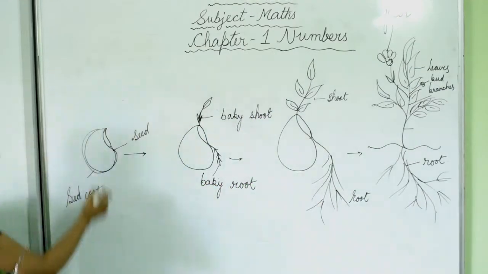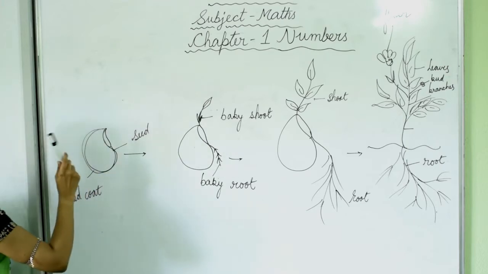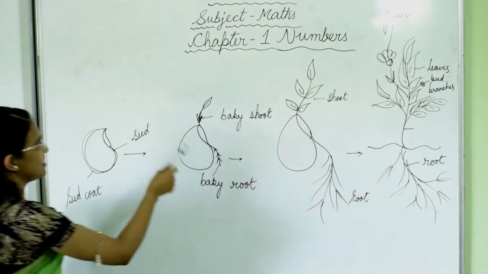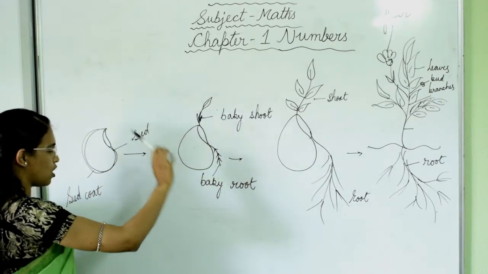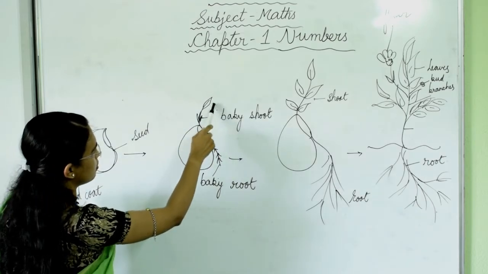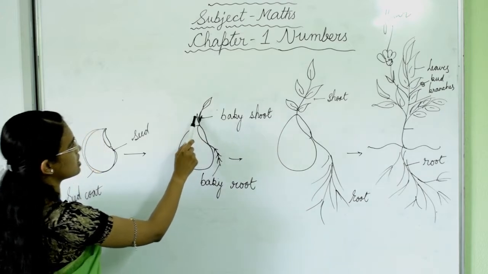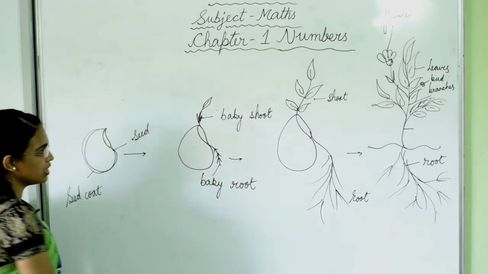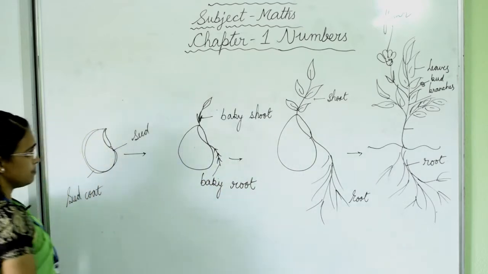Okay, now look at this. What is this? This is a seed, okay? Now after this, can you see this one? This is also a seed, but here look at this portion. Can you see this one? What is this? This is a baby shoot, okay? And this portion is called baby root.